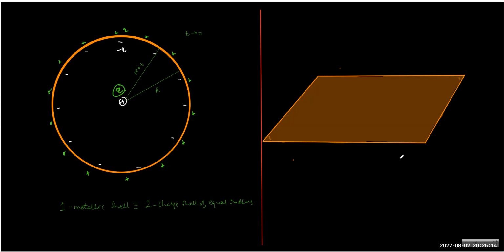Okay. So this is the metallic sheet, as you can see. So if I have a charge here, and let's say it's an infinite sheet.